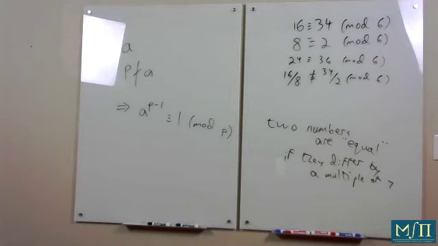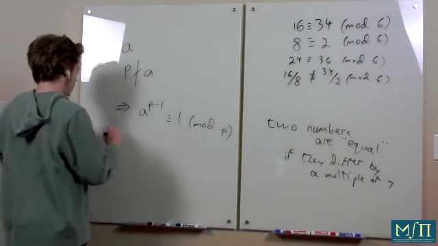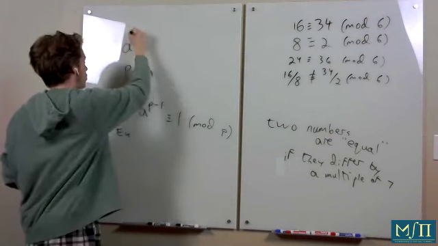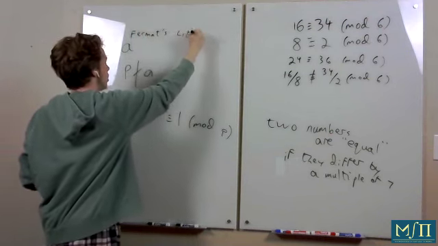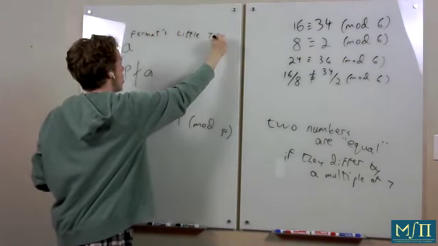And then it has an extension, which is Euler's theorem. So this is Fermat's little theorem. And this is not too hard to prove.